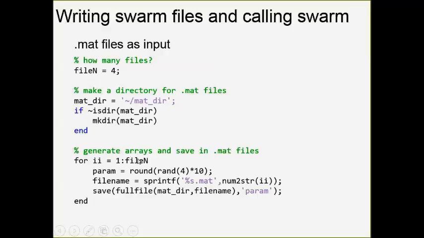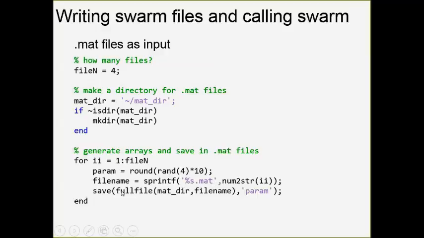For i equals 1 to file n, in this case for i equals 1 to 4, my param is going to be a randomly generated 4x4 matrix of numbers between 1 and 10. I'm going to come up with a file name to save that in, and that's just going to be sprintf with an escape sequence .mat, and that escape sequence is going to contain num2str(i), so this is essentially going to be 1.mat, 2.mat, 3.mat.